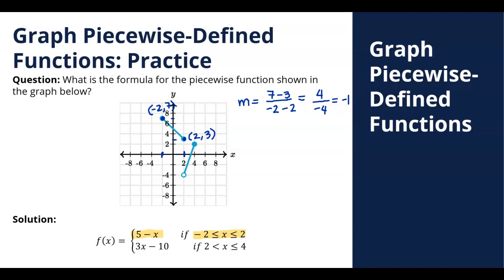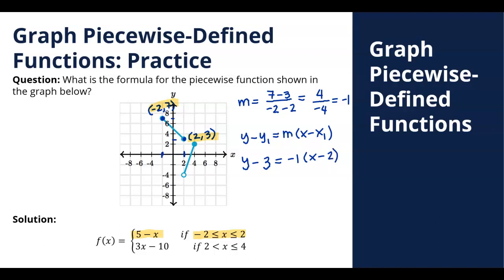Then you would just use one of the points to plug into the equation y minus y sub 1 equal to m times x minus x sub 1 to obtain the equation of the line. So you have y minus, I'll just pick (2, 3), y minus 3 is equal to, our m is negative 1, times x minus our x sub 1, which is 2.